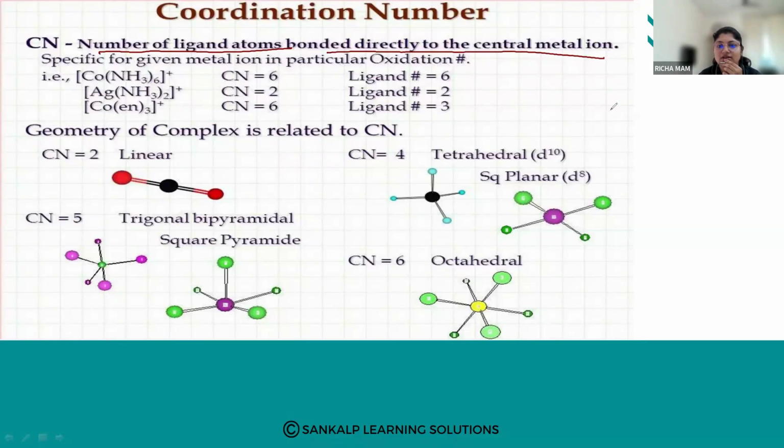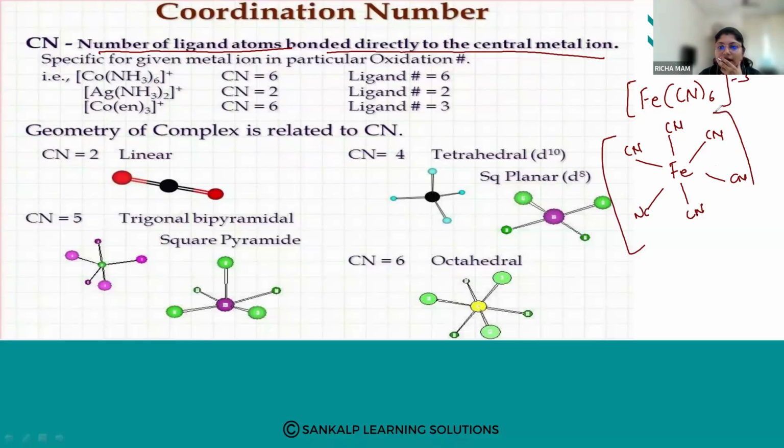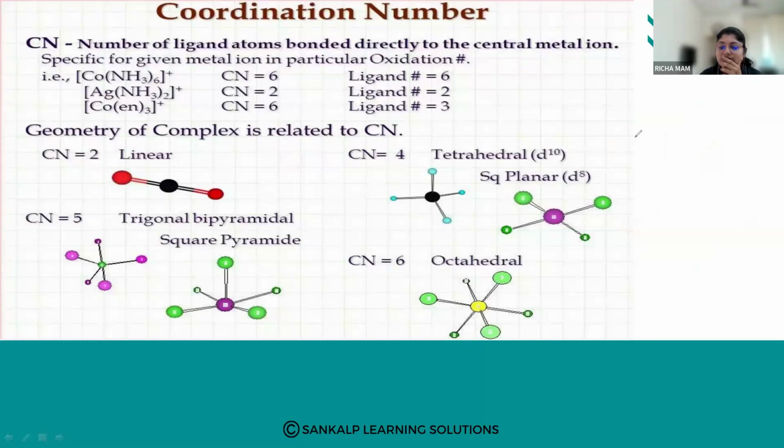Suppose I have [Fe(CN)6]3-. Can you tell me the coordination number of this? How many ligands are attached to the central metal ion? Six ligands are attached, right? So the coordination number is 6.